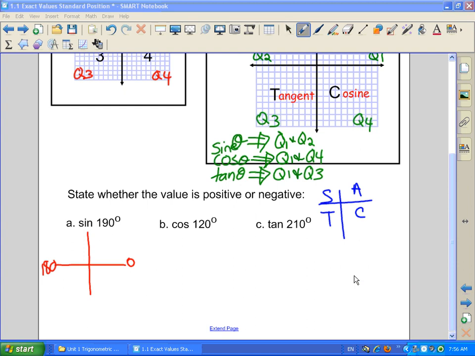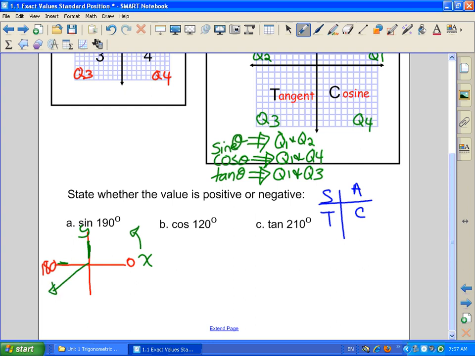Okay, so let's take a look, guys. If we know our XY grid, and remember we're going this way, we realize that for the sine of 190, if you go in quadrant 1 up to here, that includes 90 degrees. If you go past quadrant 2, that's 180 degrees. So we're looking at an angle that is 190 degrees in rotation. We're going to learn about that on the next page.